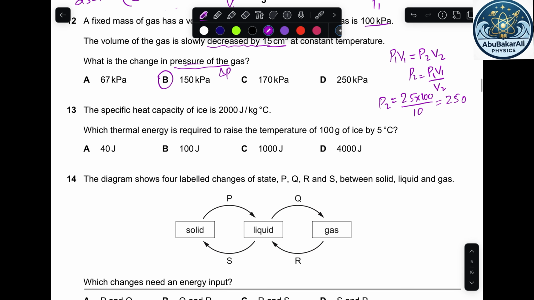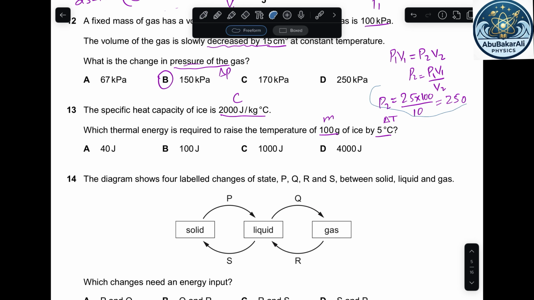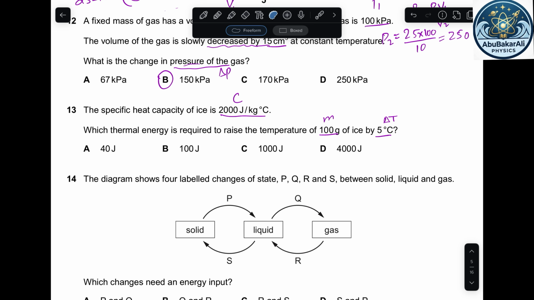Question 13. The specific heat capacity of ice is given, that is C. Which energy is required to raise the temperature of 100 gram of ice by this much temperature? Okay, so we have to use the energy relation.